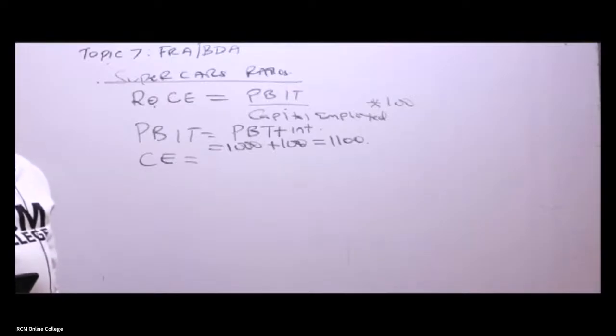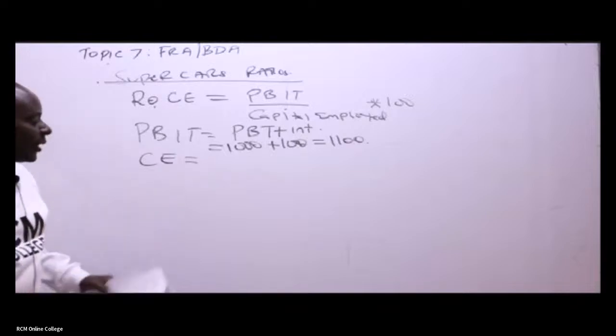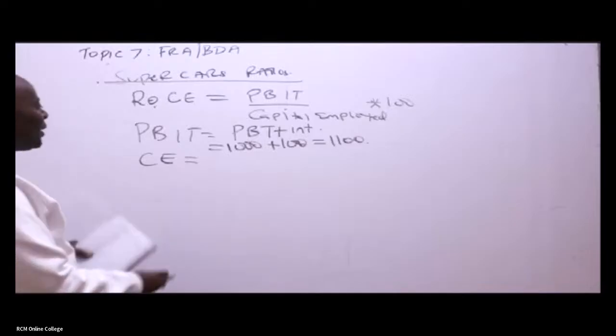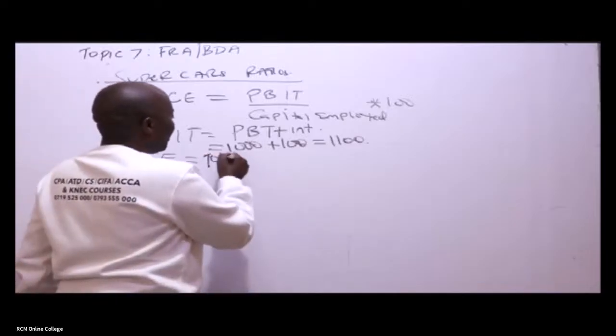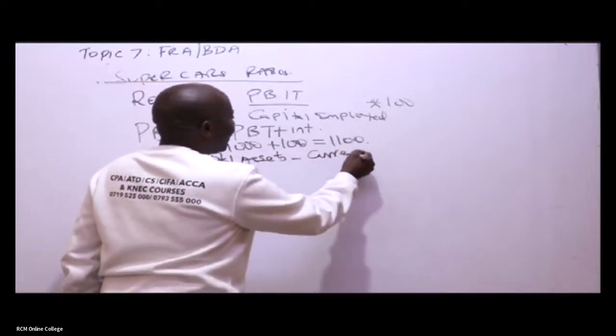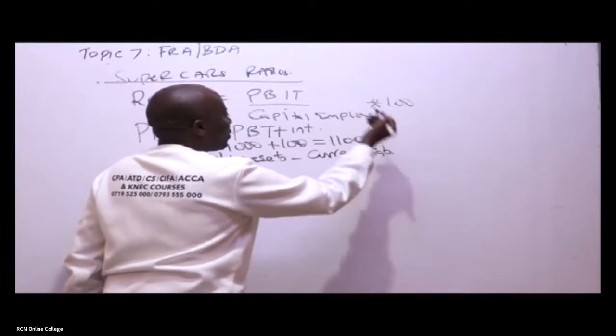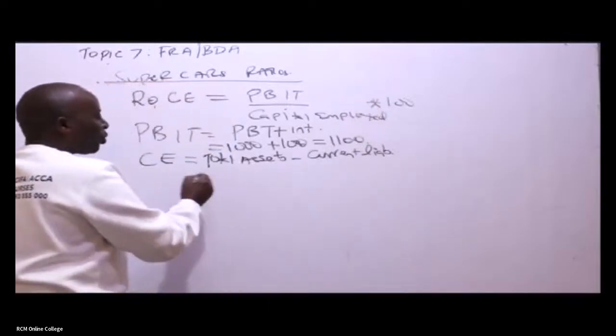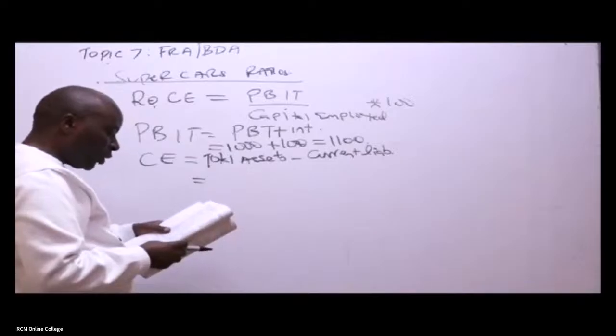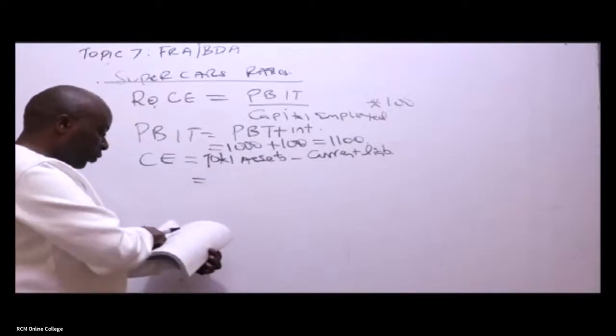So are they able to get these figures? How do we get capital employed? It's very easy. It is total assets minus current liabilities. Are you able to see the total assets for this question?